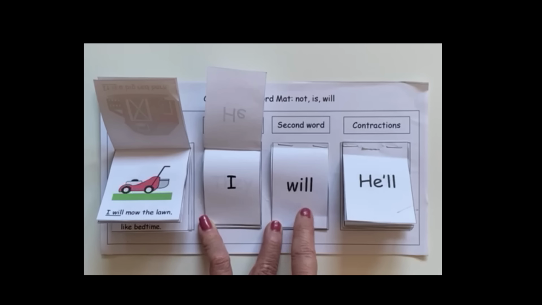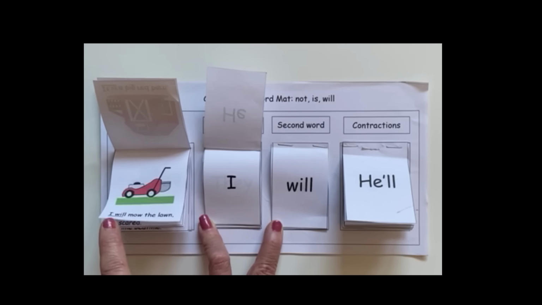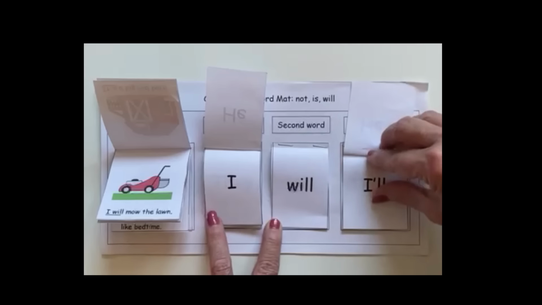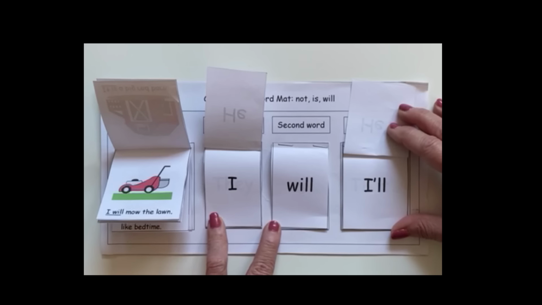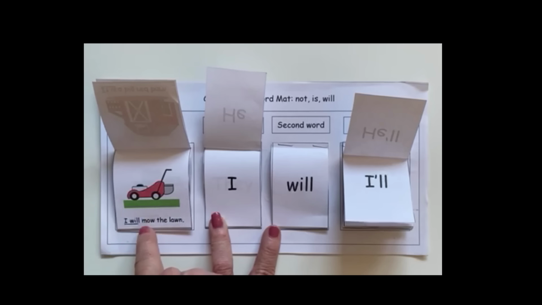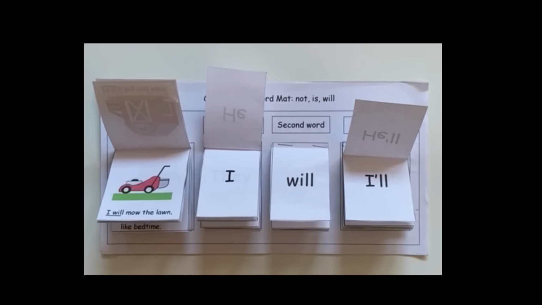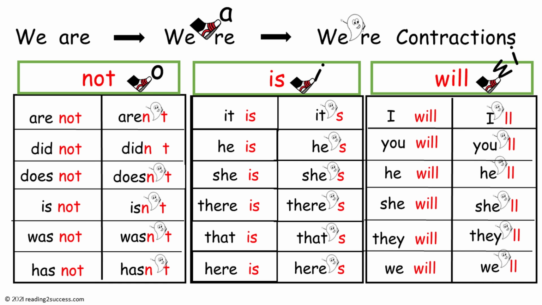There is the word will, our second word, and then we need to find the contraction. Oh, and there it is, I'll. And let's try it in the sentence. I will mow the lawn, and with our contraction it would be I'll mow the lawn. So kids have practice for each of the words not, is, and will in this mat.